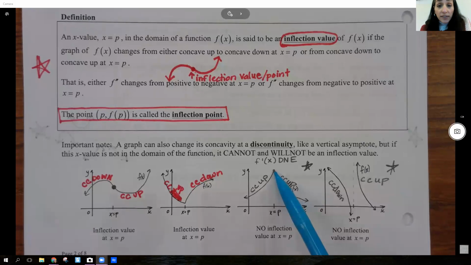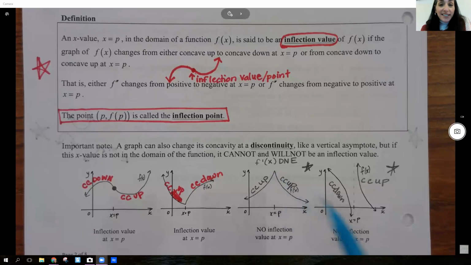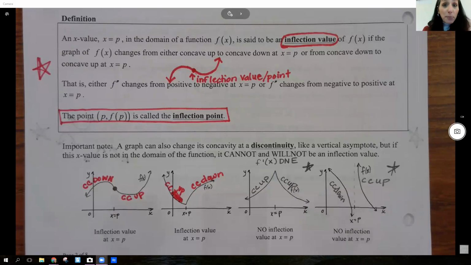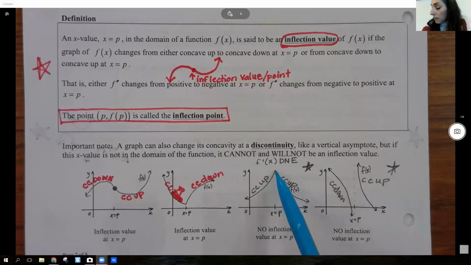So if the first derivative doesn't exist, I guess you could say the second derivative doesn't exist either, right? So that's another reason that a cusp is not going to, well, this particular one, I guess. It's like an exception to the rule, huh? You want to examine what's happening on either side of it.